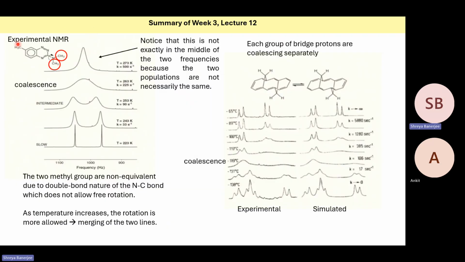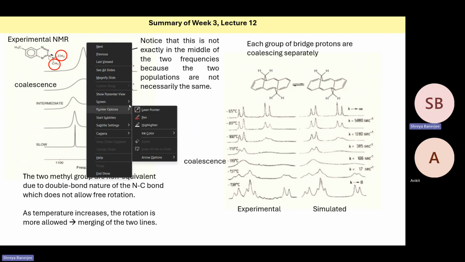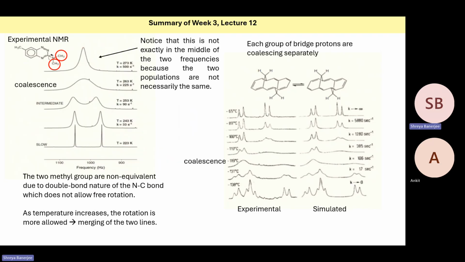Now, this is the same dynamic NMR in experimental conditions. Here you have a compound with a partial double bond. You know that this N can donate a lone pair here, and so this bond will have partial double bond character. So these two CH3s are not equivalent.